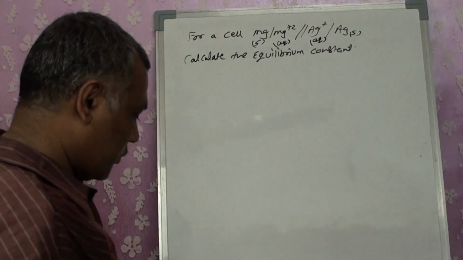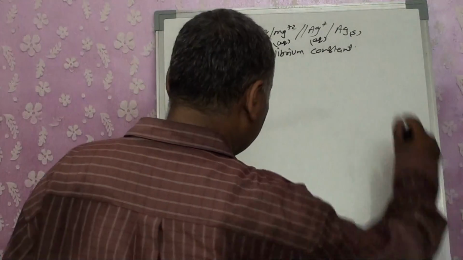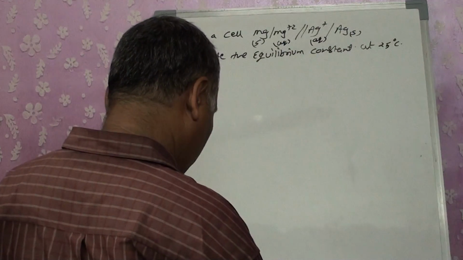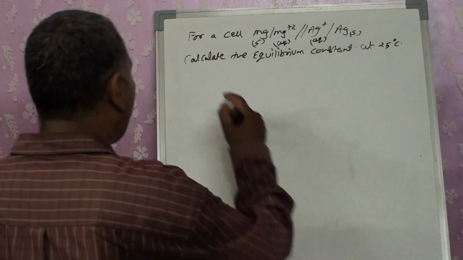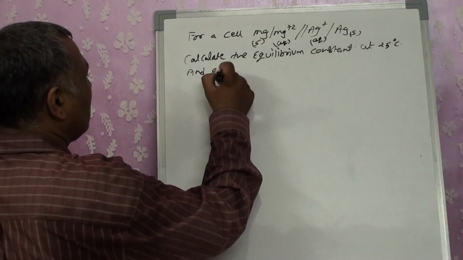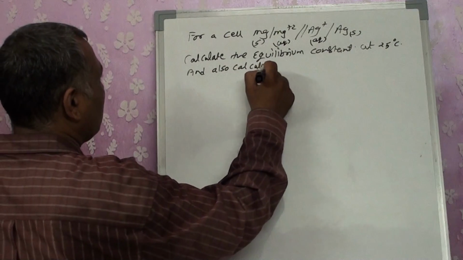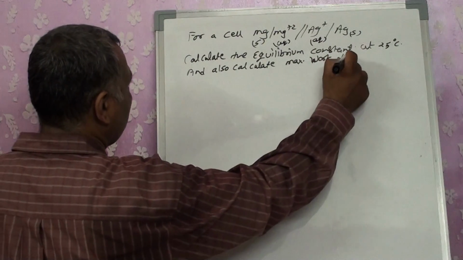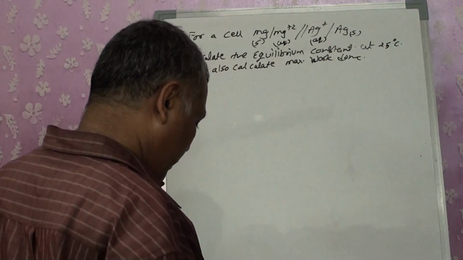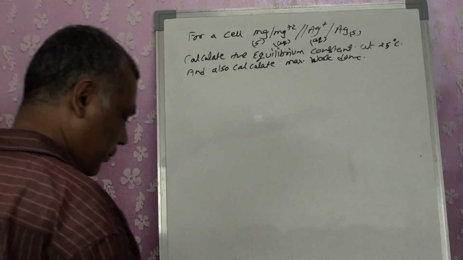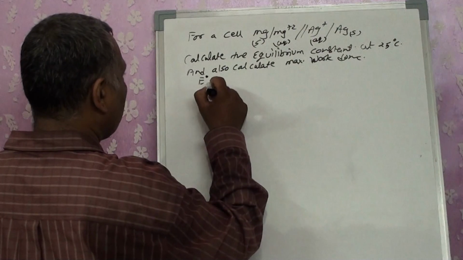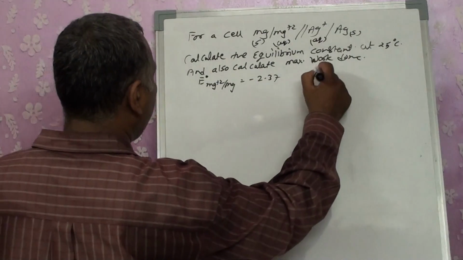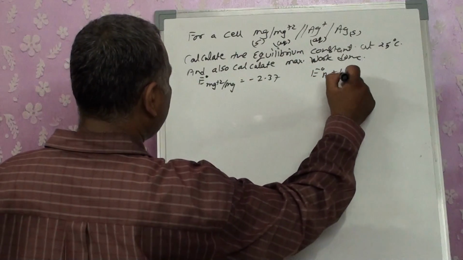Calculate the equilibrium constant at 25 degrees Celsius, and also calculate the free energy, the maximum work done. For it, E naught of Mg2+/Mg and E naught of Ag+/Ag are given to us.